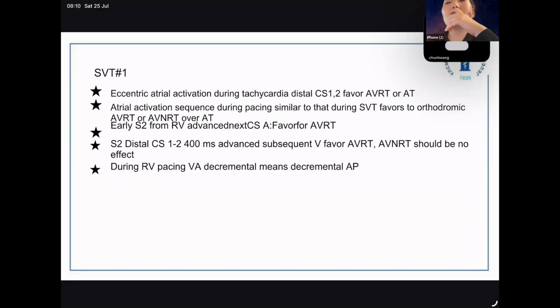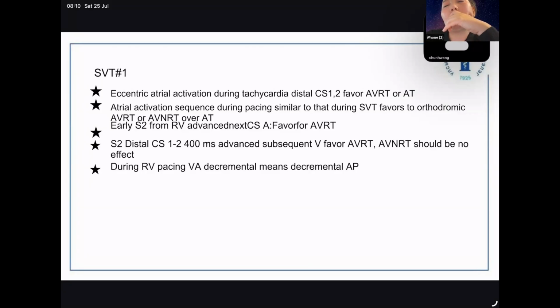So during the EP study, we concluded that during the tachycardia, atrial activation was eccentric. It helps us to exclude the AVNRT, because during AVNRT, atrial activation is usually concentric.